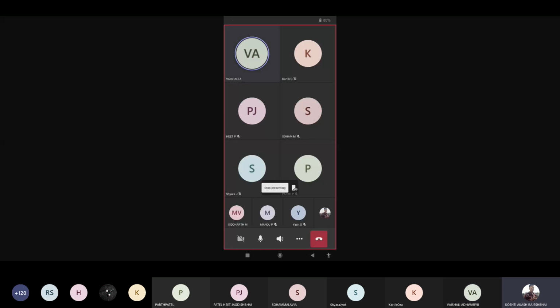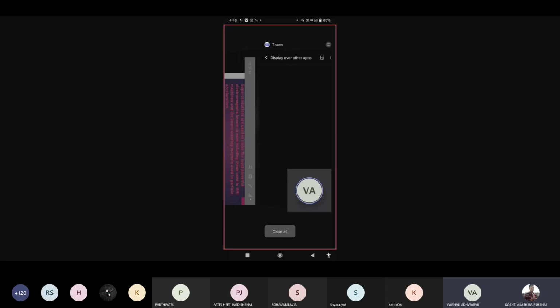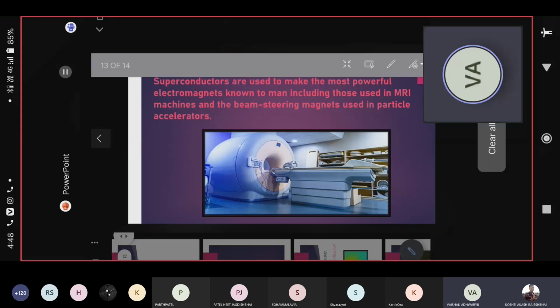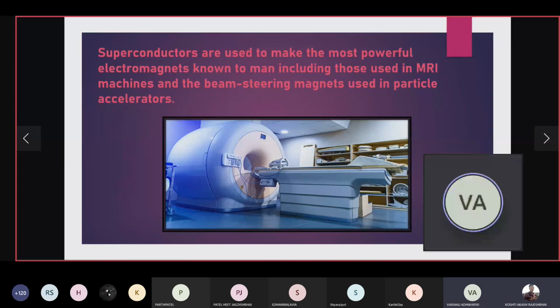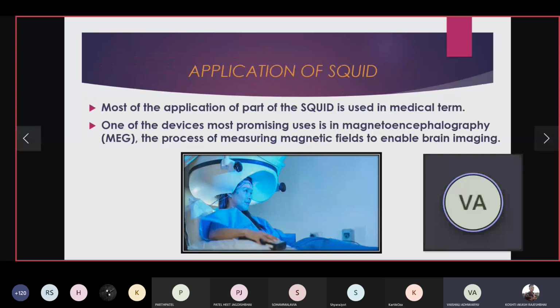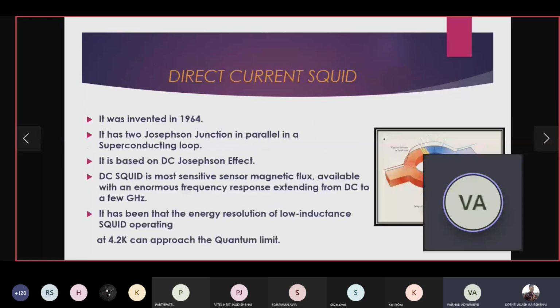Perfect. Can you go back to your slide in which the tunneling effect picture is given? Ma'am, this schematic for the tunneling effect is given. The wave-like pattern you showed initially, I think.